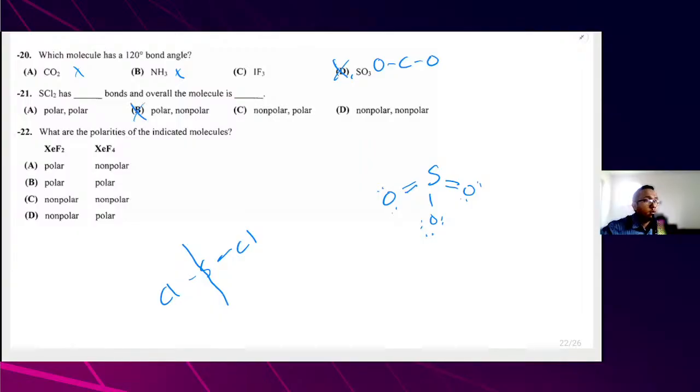So it should be P. 21 should be P. 20. Oh yeah. 21. Hmm. What's the answer? Not P, bro.